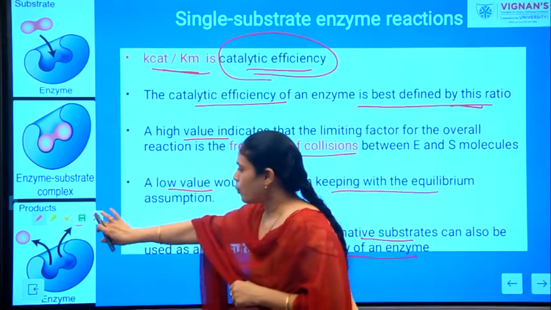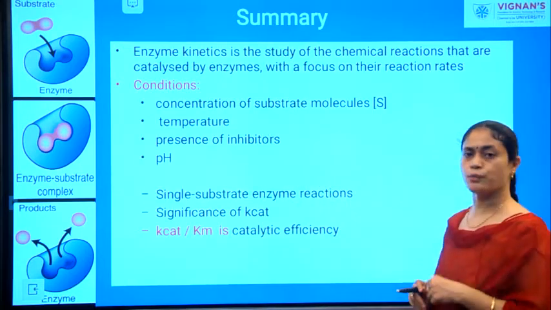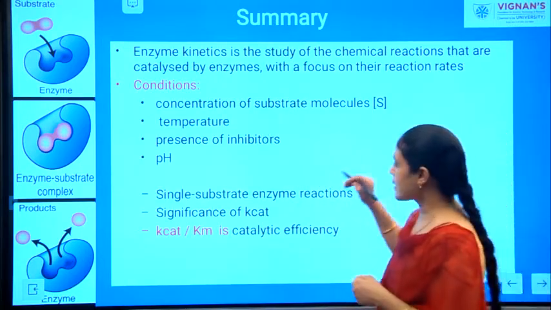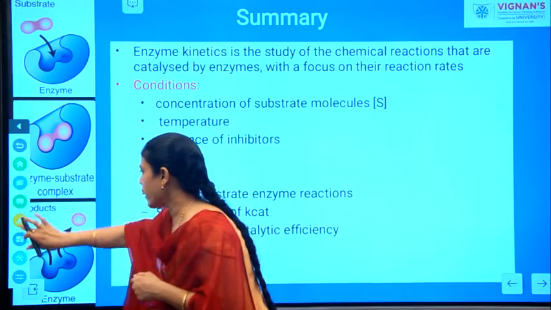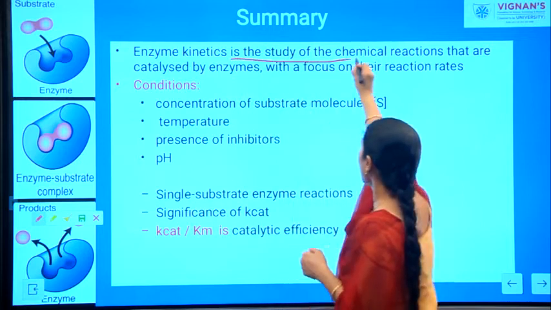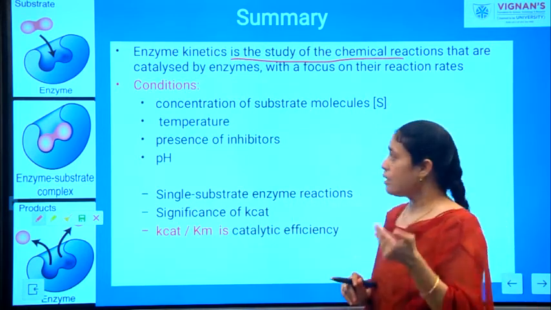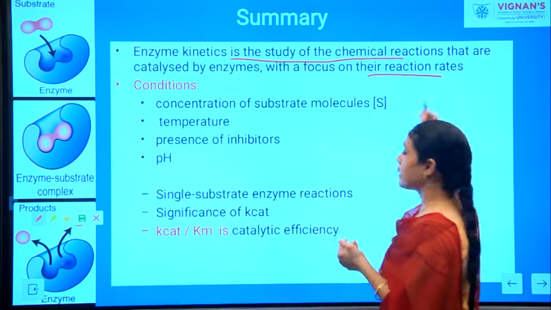So with this, I want to summarize that today in this session we have learnt about what enzyme kinetics is. I have already defined enzyme kinetics: it is the study of chemical reactions that are catalyzed by the enzyme, with the focus on their reaction rates.